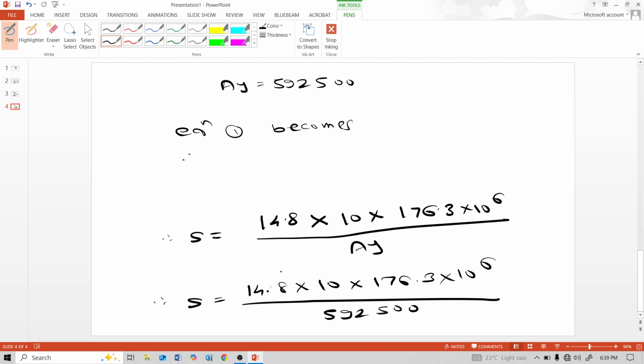So 14.8 multiplied by 10 multiplied by 176.3 multiplied by 10 raised to 6 divided by 592,500 is 44 into 10 raised to 3 Newton.